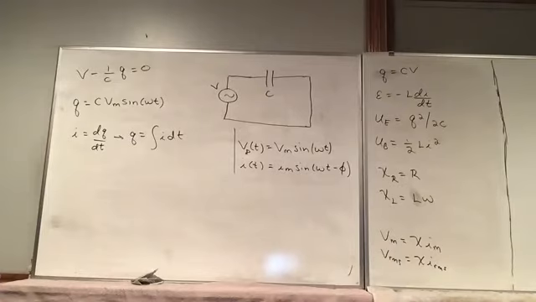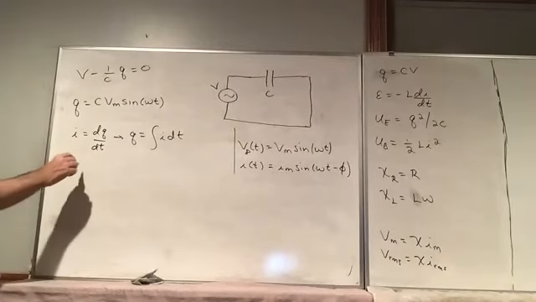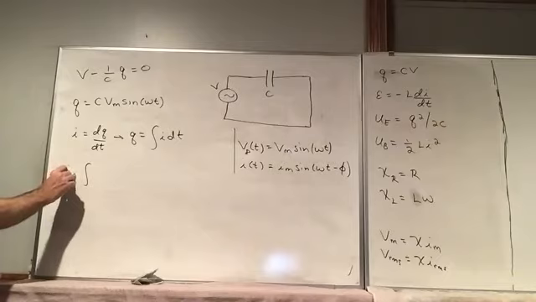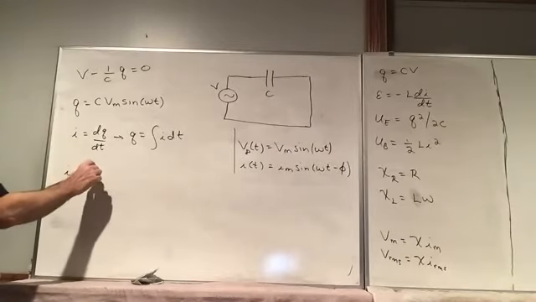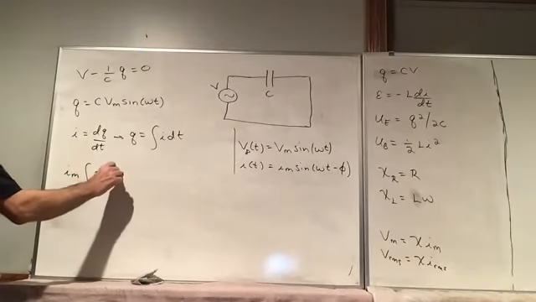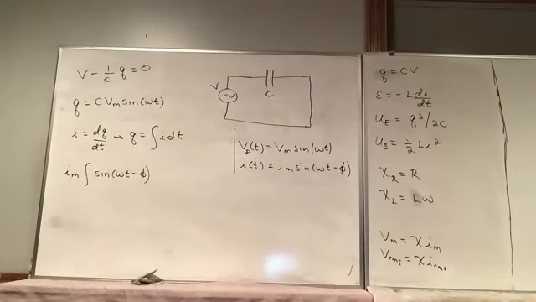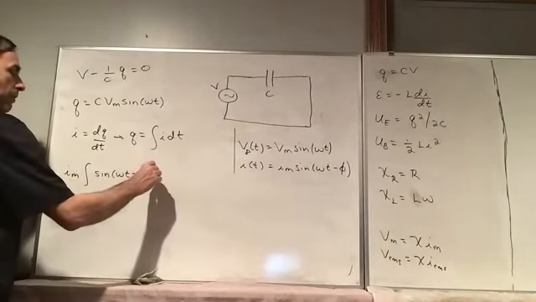And so let's integrate the current. We can take the I max out, and we integrate sine omega t minus phi. And the integral of sine is minus cosine.